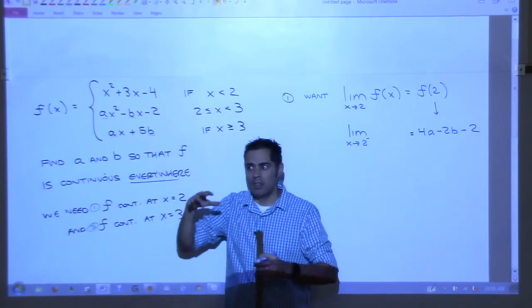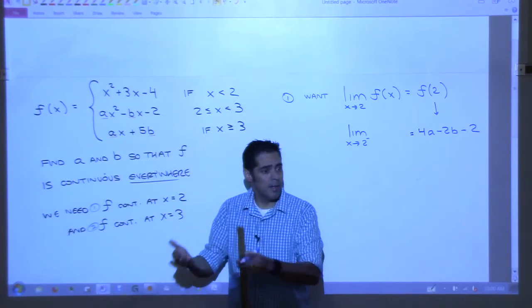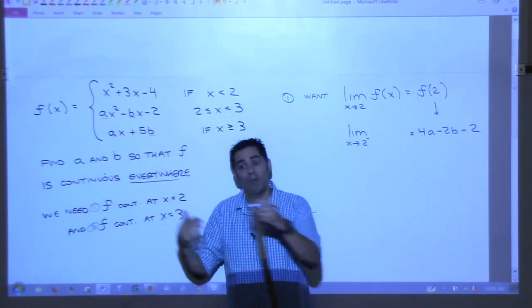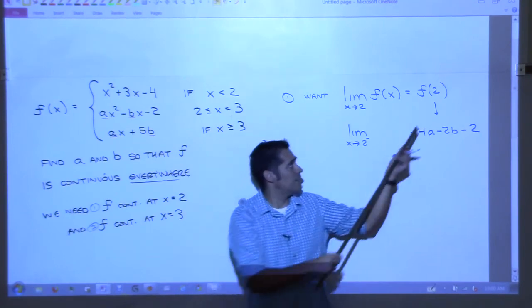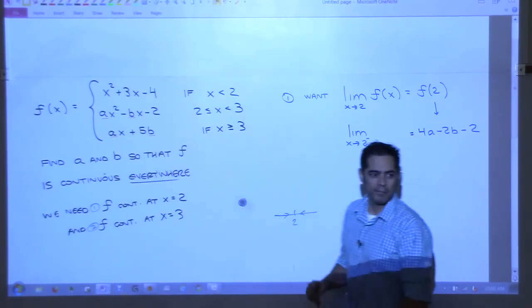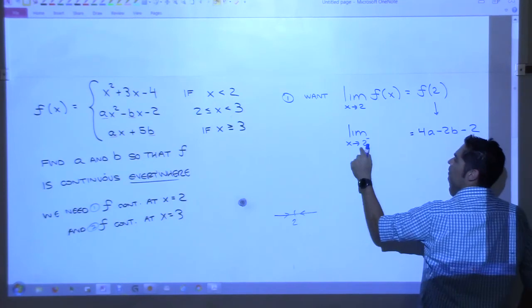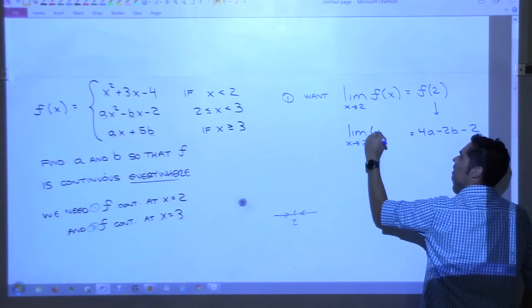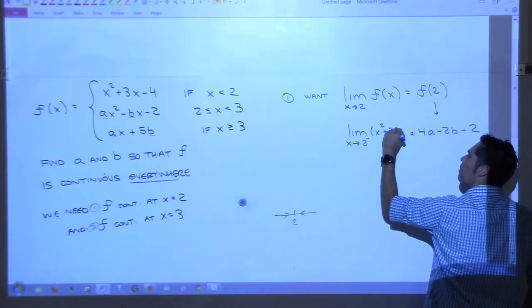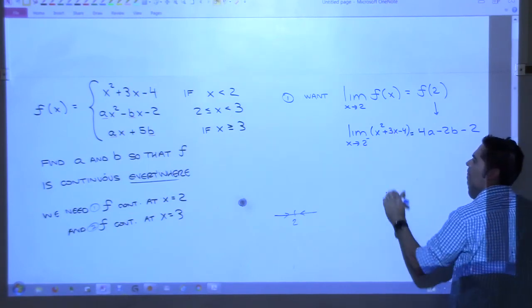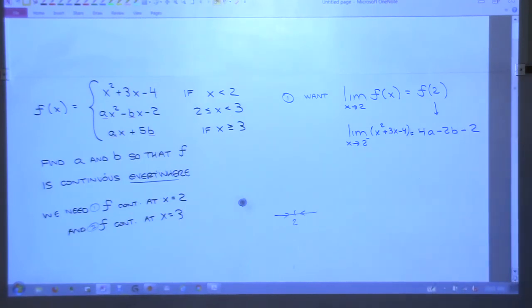I'm trying to cut down on the amount of work by only coming in from the side that's different. Yes, you're using the fact that it's equivalent to that function on that piece. The other one's not. So I'll just approach the function from the left, which means I'm using the x squared plus 3x minus 4. And now let's plug 2 in here, and what do you get?